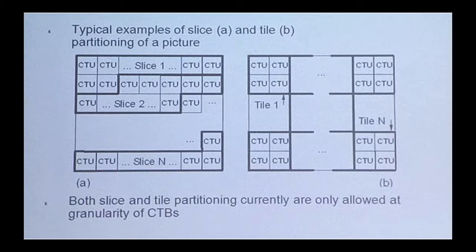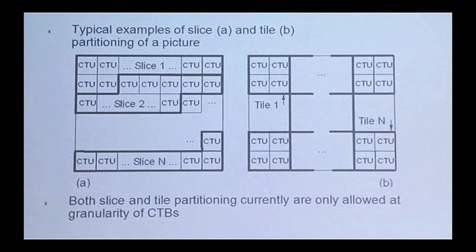So you fill up a packet until you have filled it with the bits up. Of course, the bits must relate to entities that are identifiable. In our case, always a full number of coded tree blocks or coded tree units goes into a slice. And so that means that a slice can consist of a variable number of coded tree units. And this is usually a synchronization point for packet-oriented transmission.